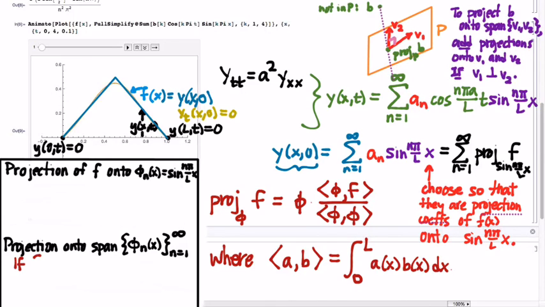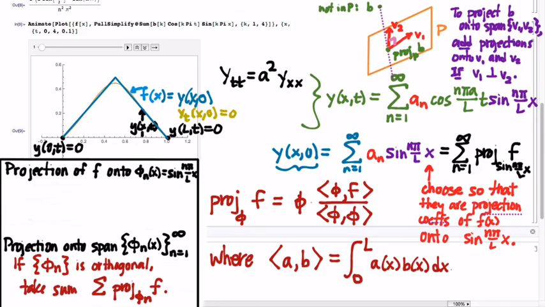So if this collection of functions is an orthogonal set, then just take the sum of the projections onto each of the phi n's, where that sum runs over whatever indices we need it to run over. So that's the first thing: if I want to project onto the span of even infinitely many functions, I just need to project onto each one of them individually and add them together, provided that those functions form an orthogonal set.